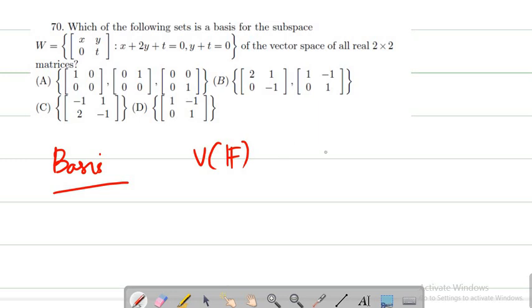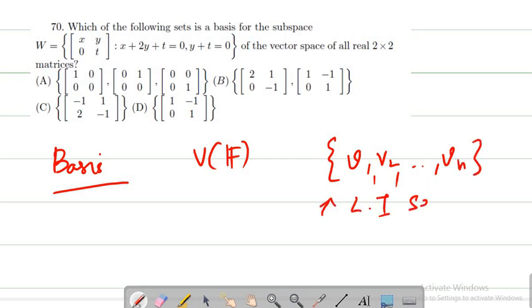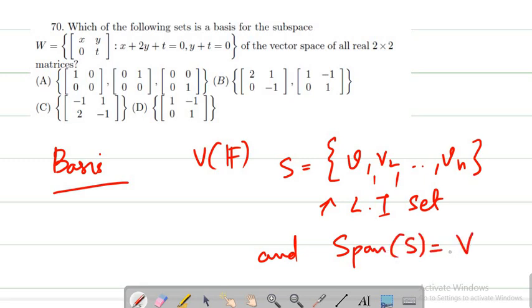If you have a linearly independent set, say v1, v2, etc., vn, and you denote this set by S, and suppose the span of S is the complete V, then we can say that this set S is a basis for this vector space.